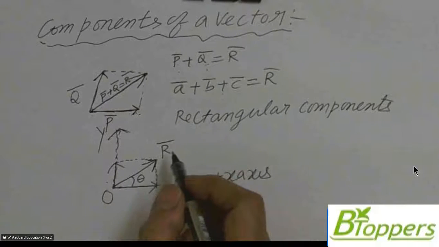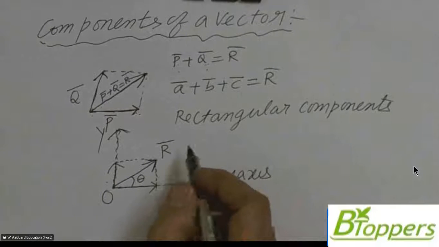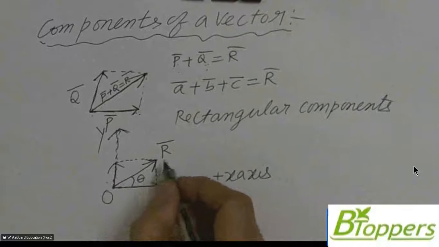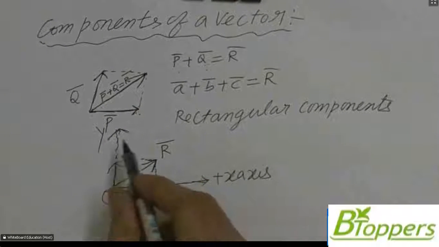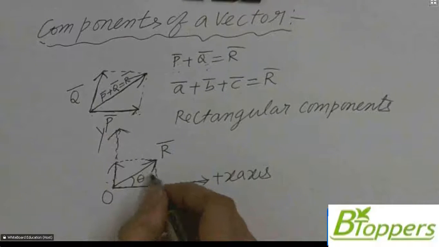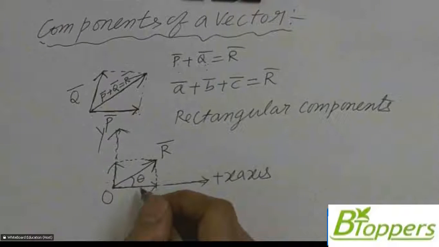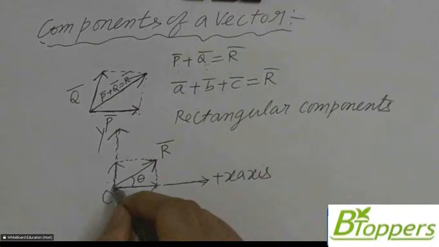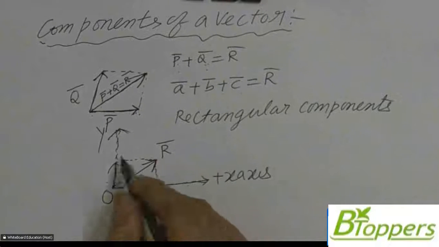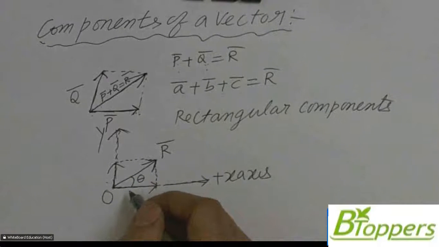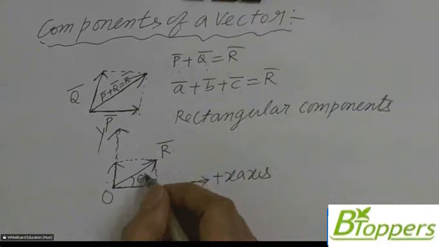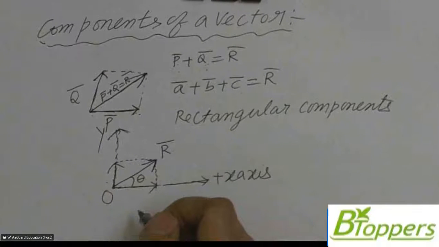So in general, to find the two rectangular components of a vector along the x-axis and y-axis, we construct a rectangle with adjacent sides parallel to the x and y axis such that the vector r bar acts along the diagonal of the rectangle.